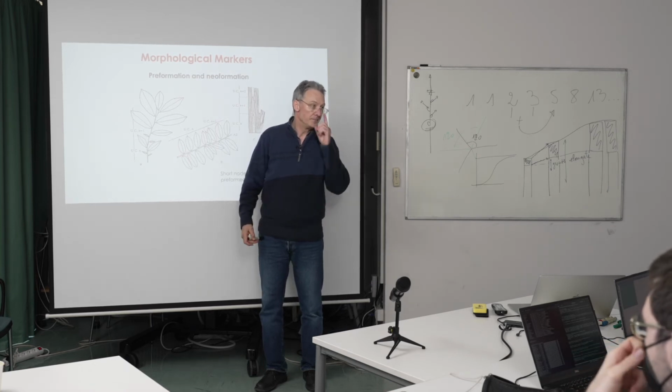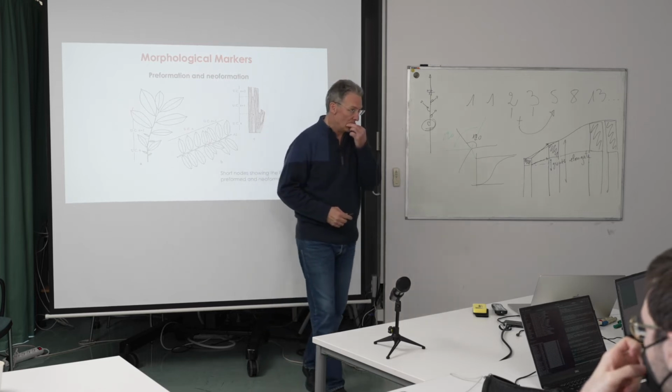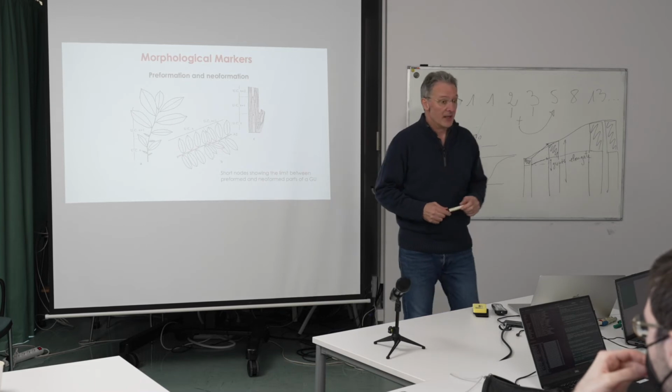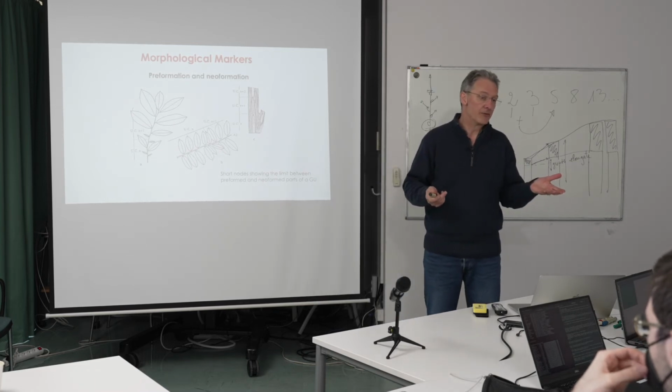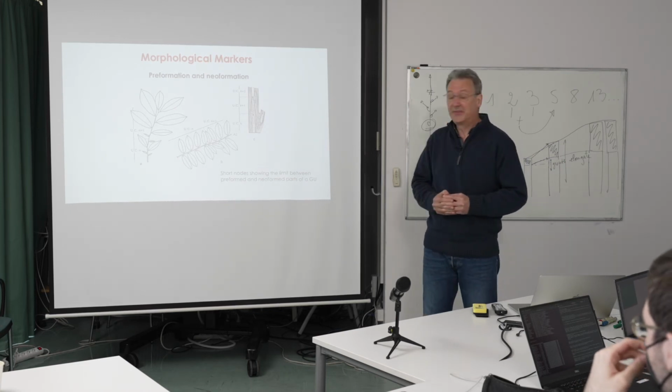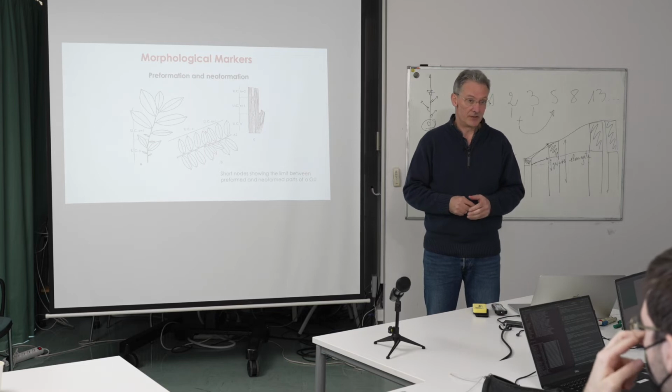So in theory, we can deduce the history by observing. Yes, and there is a whole French school, actually a worldwide school, that is able to do this. It is quite impressive.